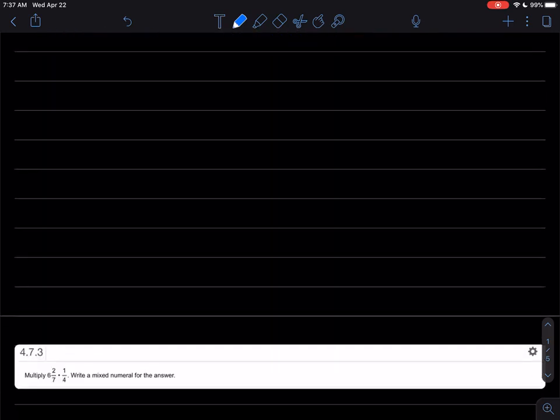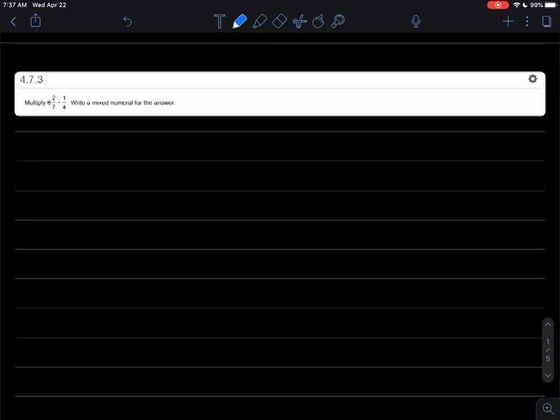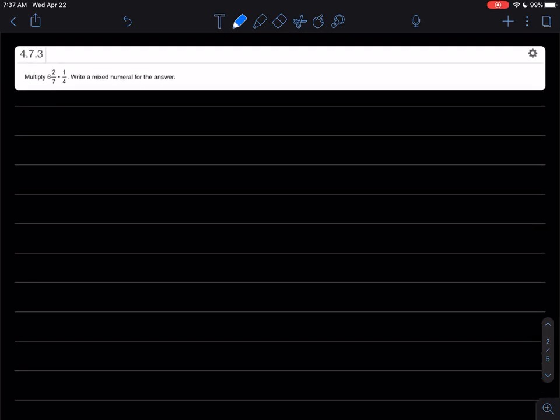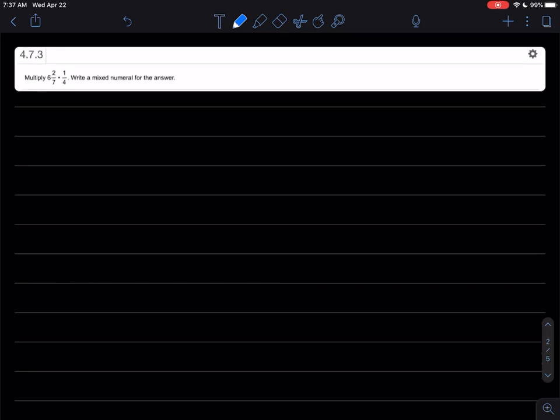Let's look at the next problem. Here we're just multiplying two fractional terms. So the first one is a mixed number. So again, I'd write that as an improper fraction. 7 times 6 is 42, plus 2 is 44. So that gives me 44 over 7 times 1 over 4.